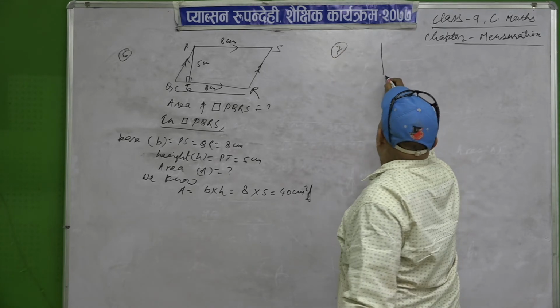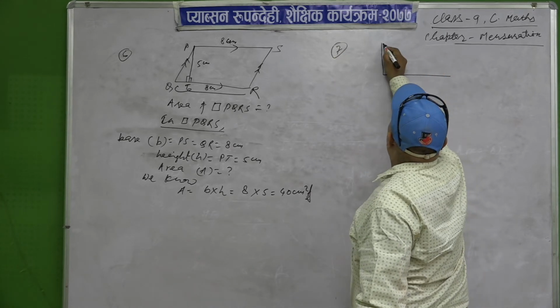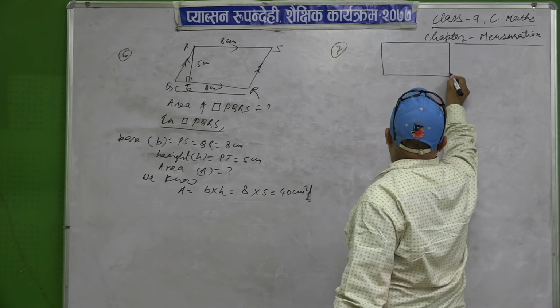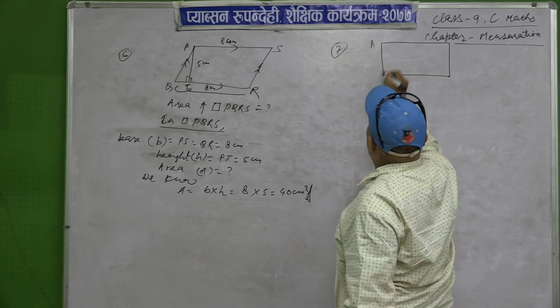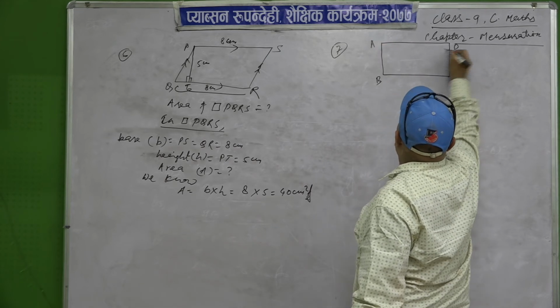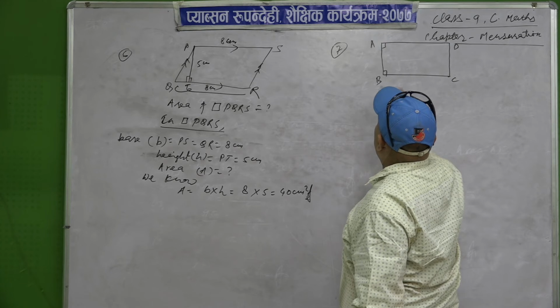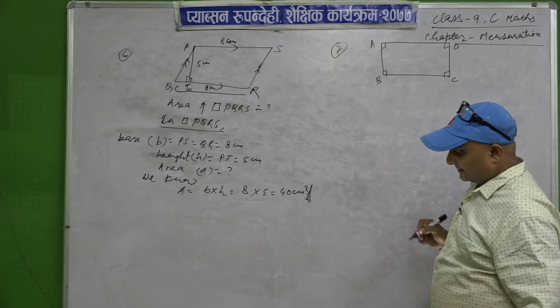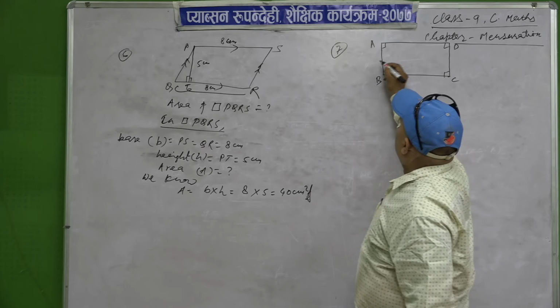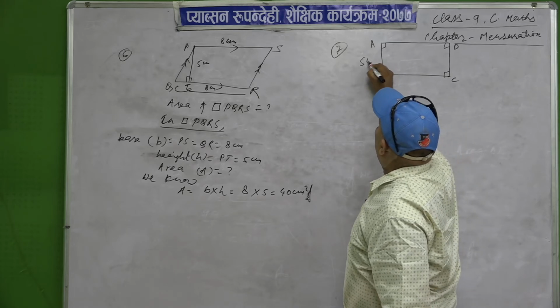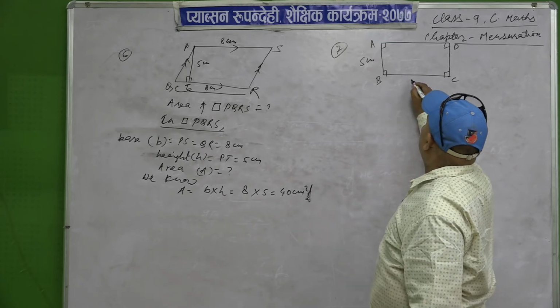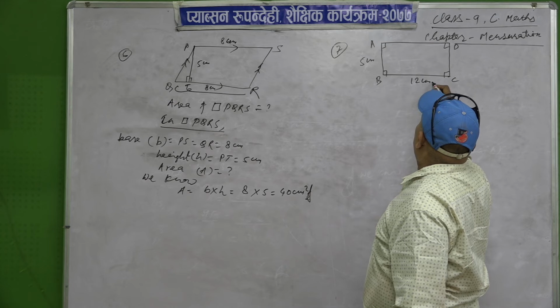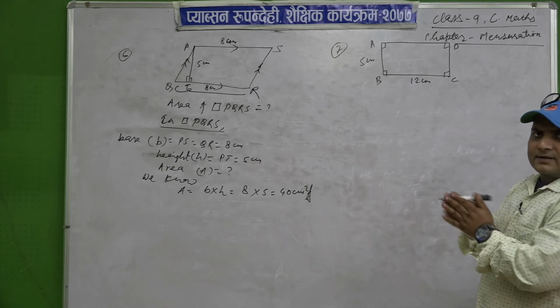Suppose this is a rectangle ABCD. If it is a rectangle, then all angles are of 90 degree. Suppose this side is 5 centimeter, this side is 12 centimeter. Okay.